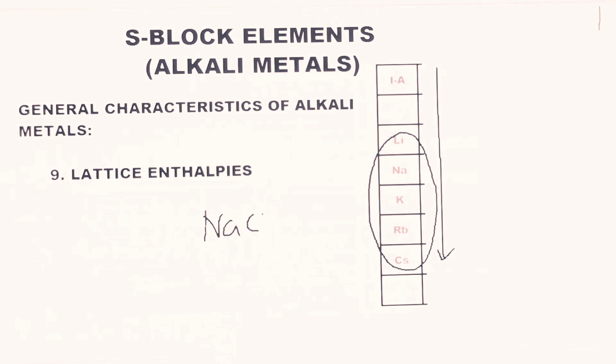This is an ionic compound, so Na+ is the cation and Cl- is the anion. They bind together by an energy which is called lattice energy. In general, the lattice energy of alkali metal compounds is very high.